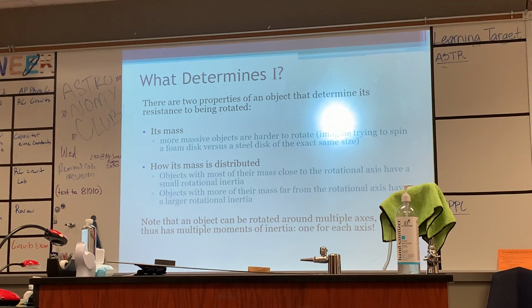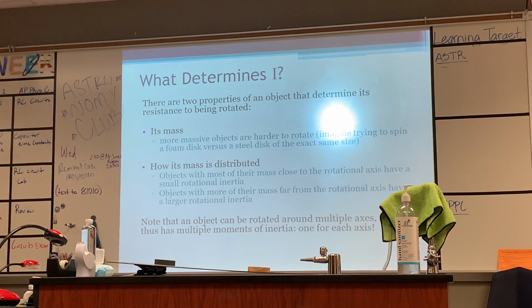Guys, look, if I take a pin, I can rotate it like this, right? That is very easy to do. My rotational axis runs straight down the core of the pin. And it's very easy to rotate because the mass is very close to the axis. But I can also rotate the pin like this, around a point in its center.